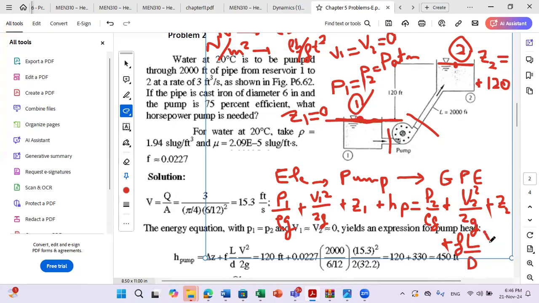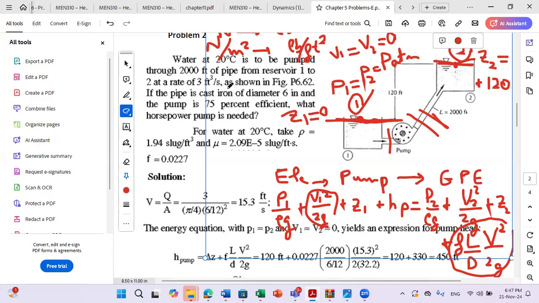Please pay attention here: V1 is the velocity at section 1 and V2 is the velocity at section 2. But the velocity in the major losses term is the average velocity within the duct.